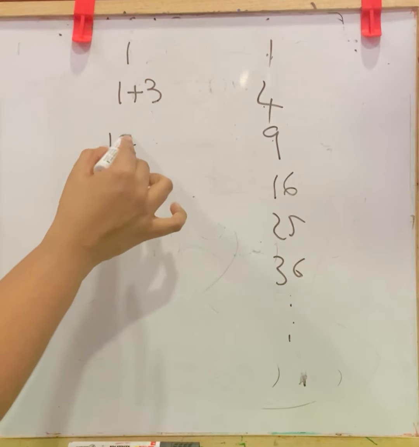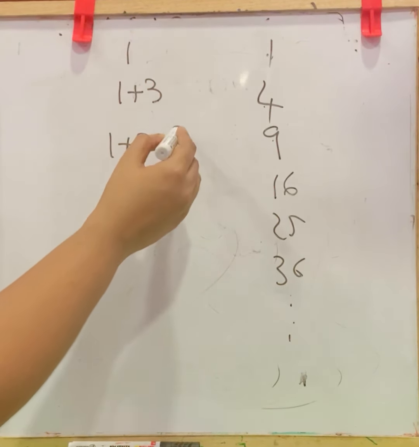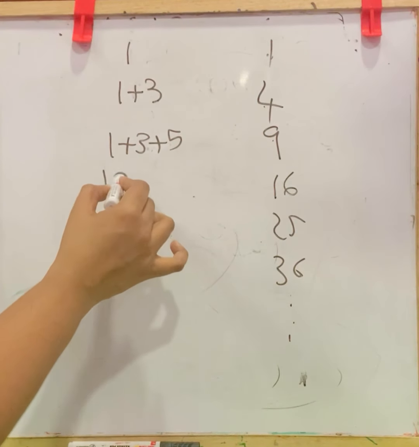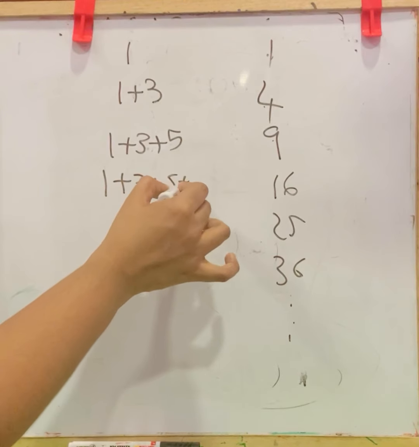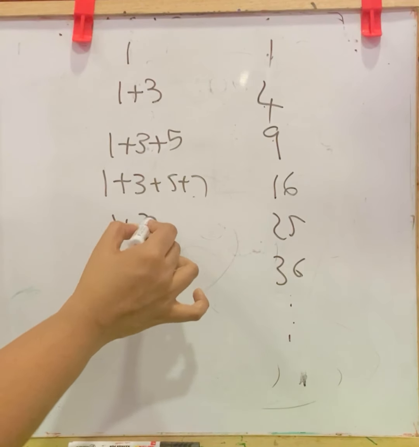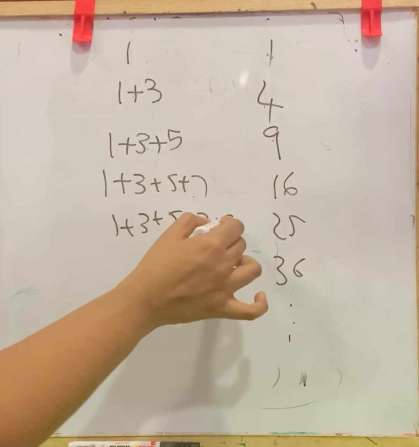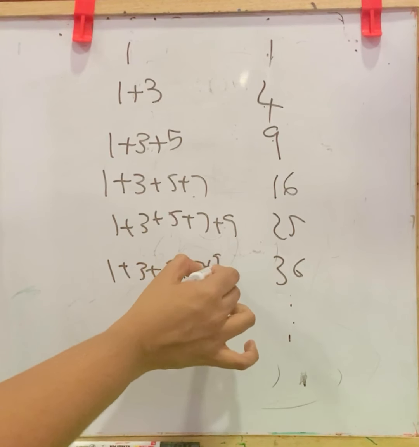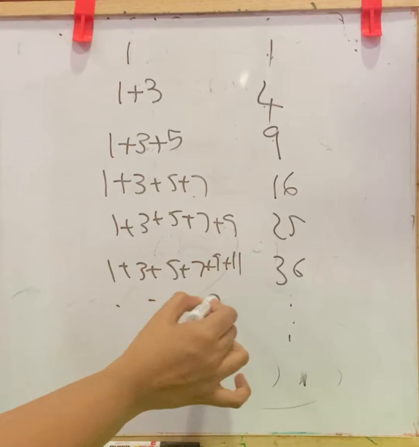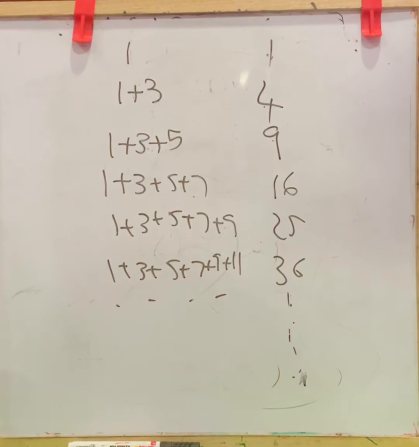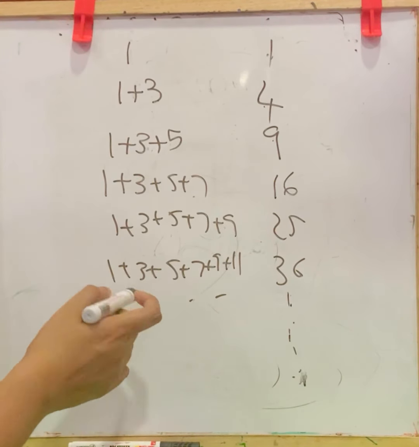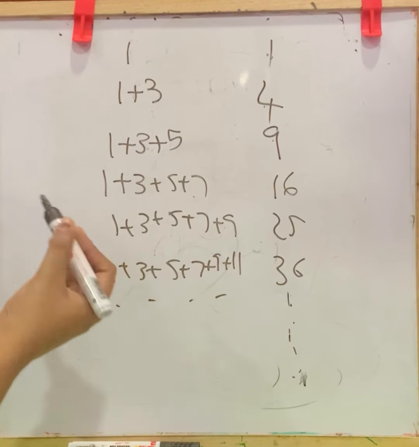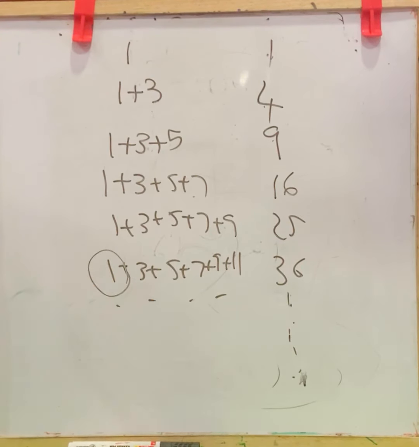Now 1 plus 3 plus the next odd number 5 is 9. Now this is 1 plus 3 plus 5 plus 7. This is 1 plus 3 plus 5 plus 7 plus 9. This is 1 plus 3 plus 5 plus 7 plus 9 plus 11. Like that, all square numbers are sums of successive odd numbers starting from 1.